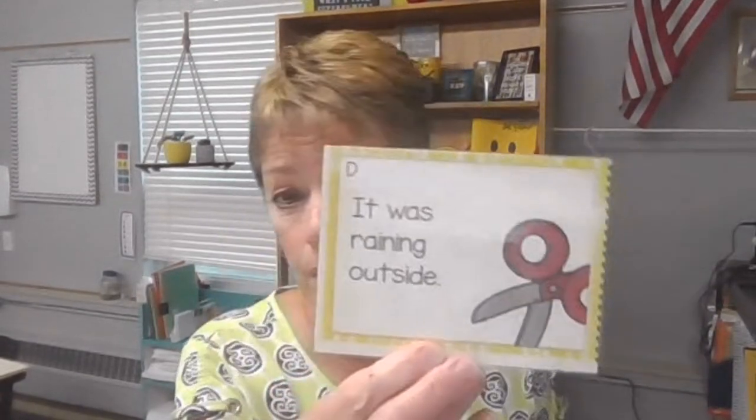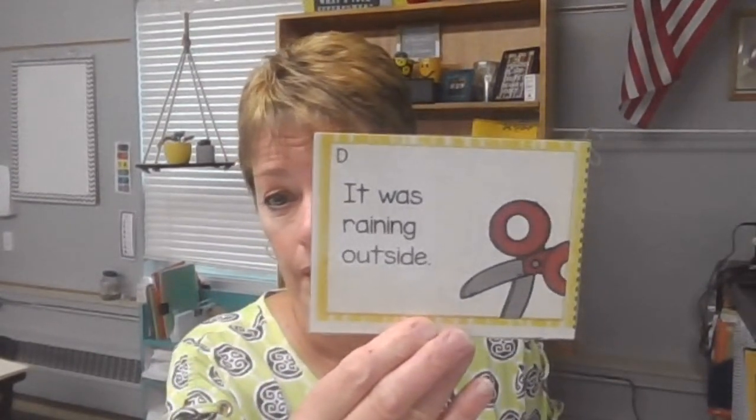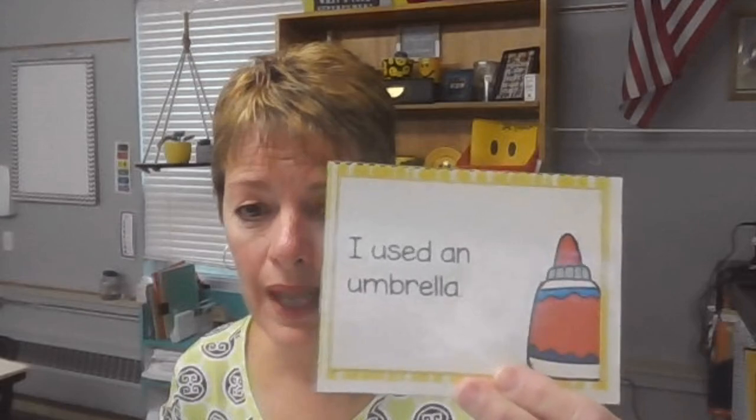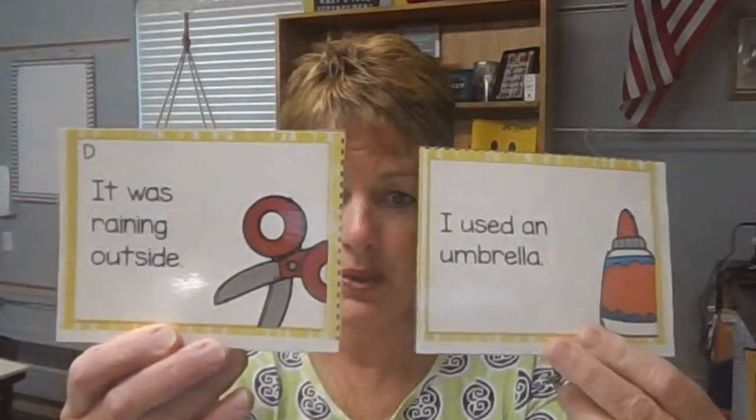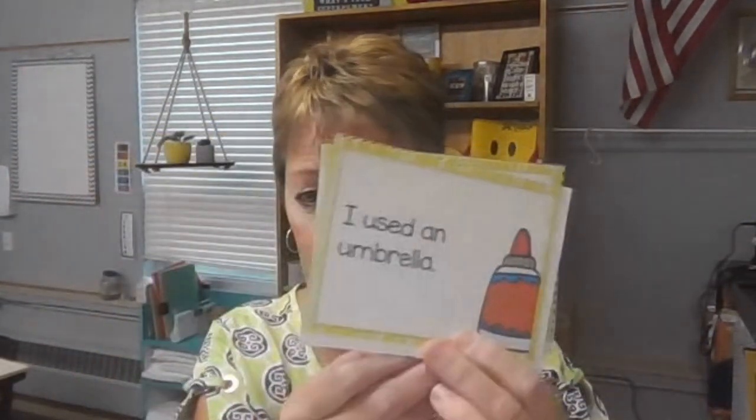Letter D says it was raining outside. Ooh, I think you need to find that one about the umbrella, right? Where is that one? The one with the umbrella. It was raining outside, so I used an umbrella. Those two would go together. Okay. Next one. I didn't eat breakfast.